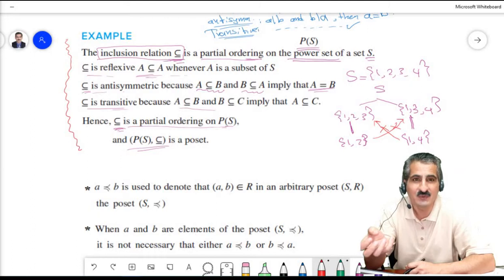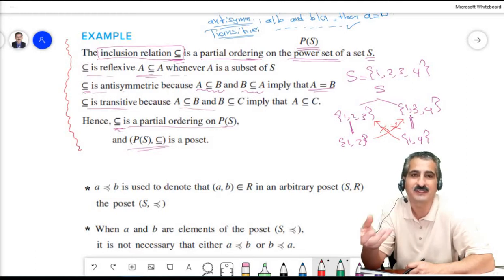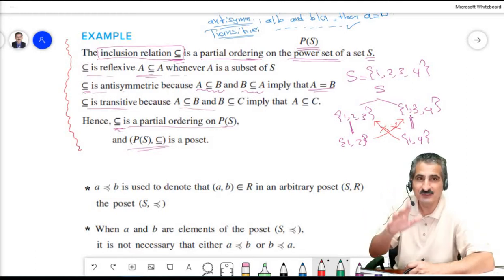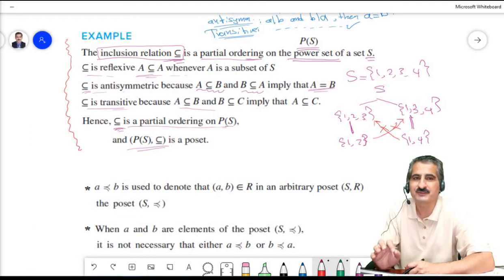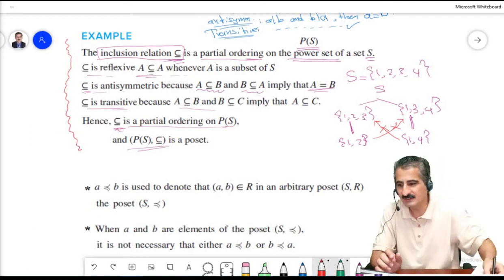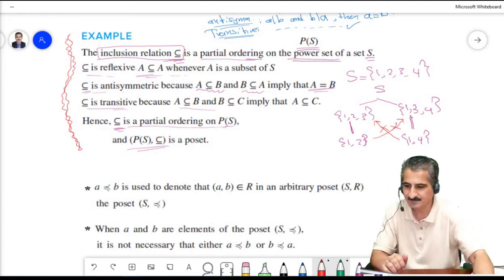I know it is reflexive and transitive, and it is antisymmetric. If A is contained in B and B is contained in A, then they are equal. Okay, now I can remember the definition. That is what I'm saying at the end: I can remember the definition of partially ordered sets when I have this example in mind, the power set of a given set.